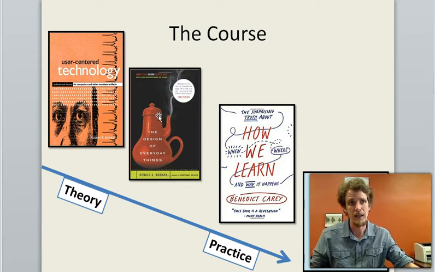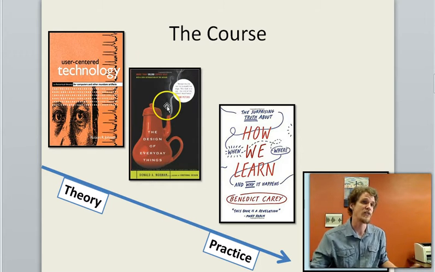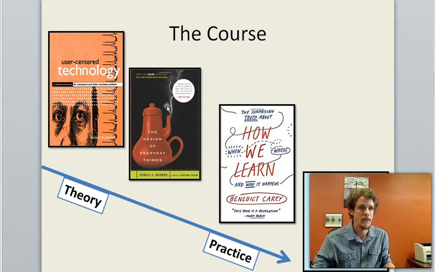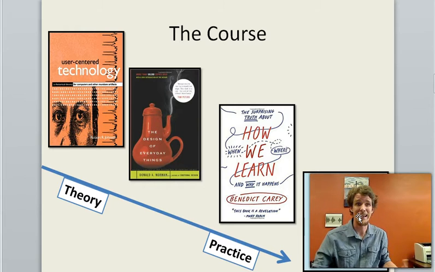That's an artifact. And you're going to be analyzing three artifacts this semester. Some of them technological, some of them much more focused on questions of design, specifically in education. And we'll see if we can use these books as a foundation for analyzing these artifacts and helping us understand what they do well and what they do poorly.